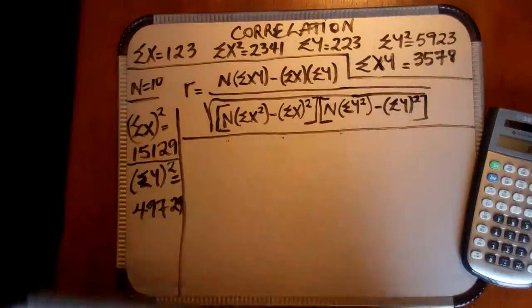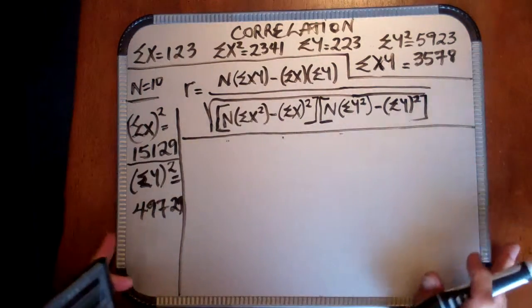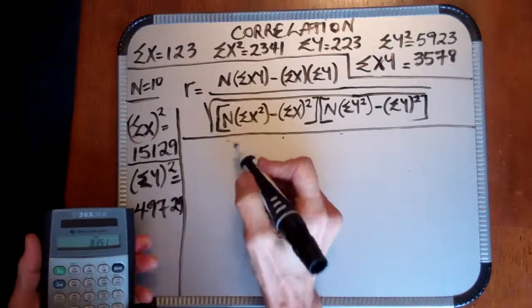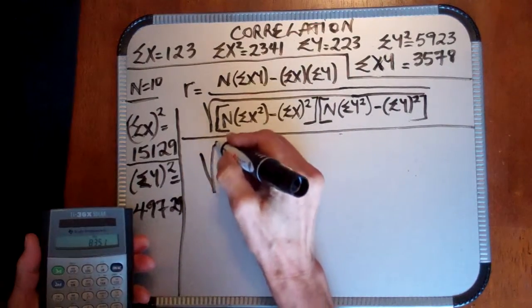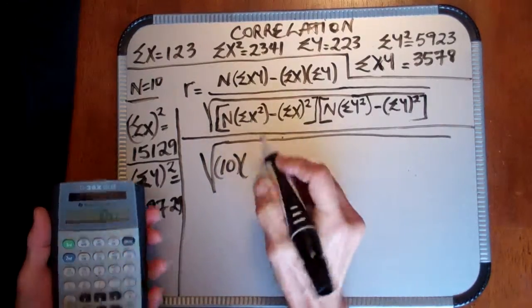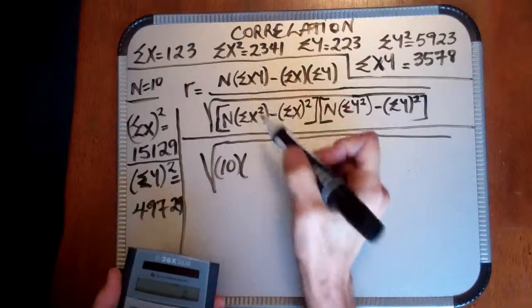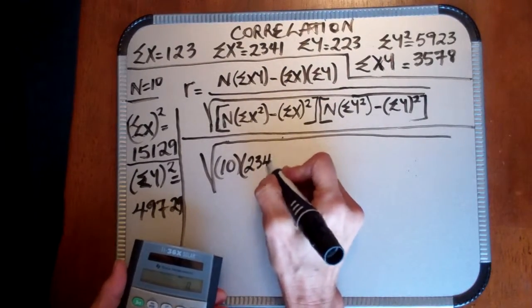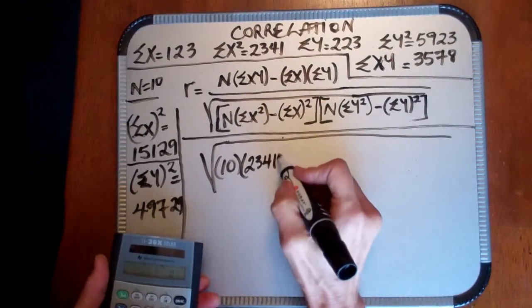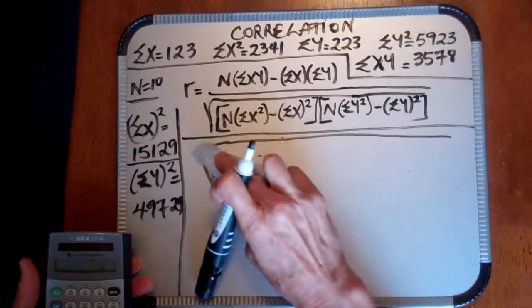And now let's work on the denominator. Okay, so we have the sample size n. First of all, be very careful not to forget that square root sign. It's very important. So it's n, which is 10, times the sum of the x's squared, 2341, and we know that that is 23,410.